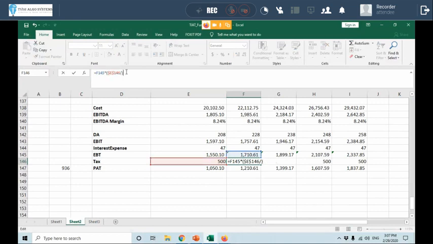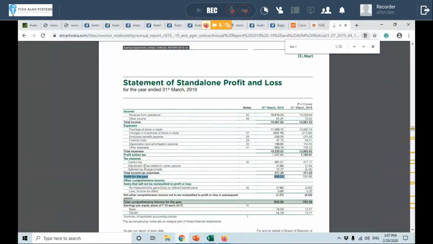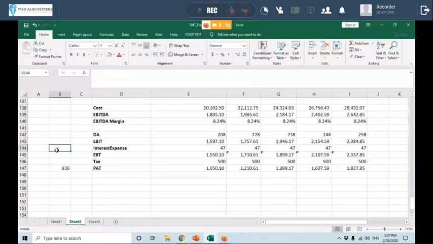So what is my tax rate? I'll have to take this particular year. My tax is 500 and my EBT is 1447 for the current year. So this is my tax rate.